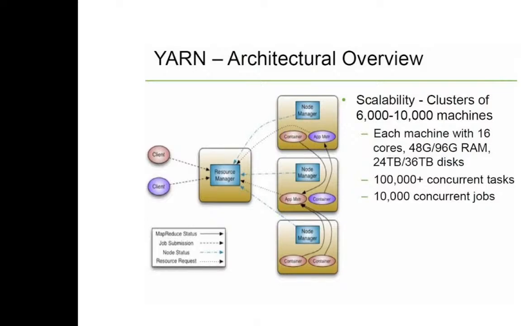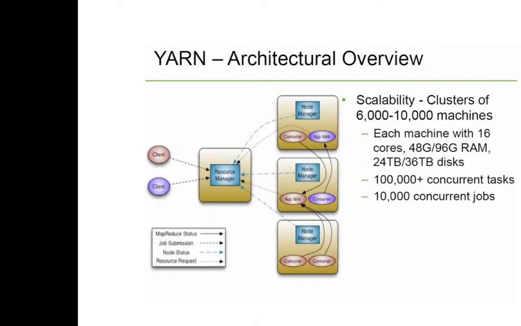What if the resource manager fails here? Wonderful question. So if a resource manager fails, then that's a risk, right? Because we have only one resource manager. But with the new Hadoop 2, we have a concept of high availability, right? So if we have high availability for name node, why can we not have high availability for the resource manager?